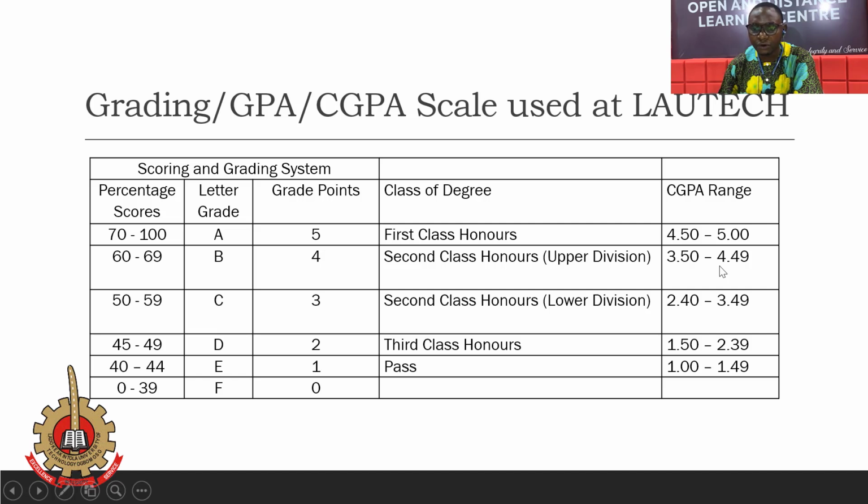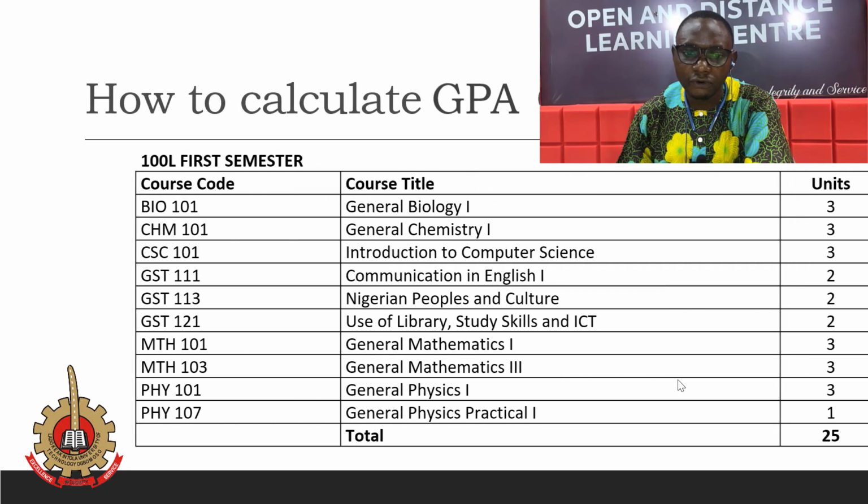For those that are in second class honours lower division, you have your CGPA ranging between 2.40 to 3.49. For those that are in third class, they have 1.40 to 2.39, and for those that are in pass, it will range from 1.0 to 1.49.